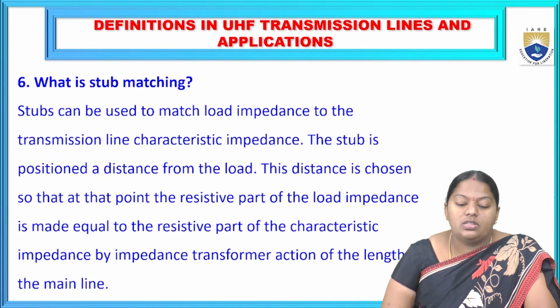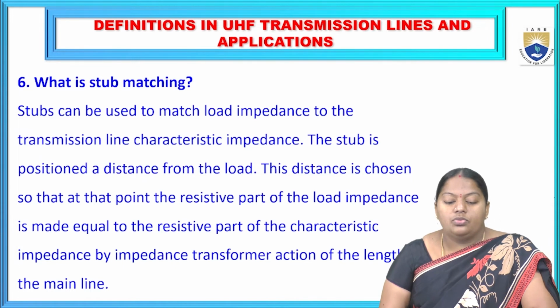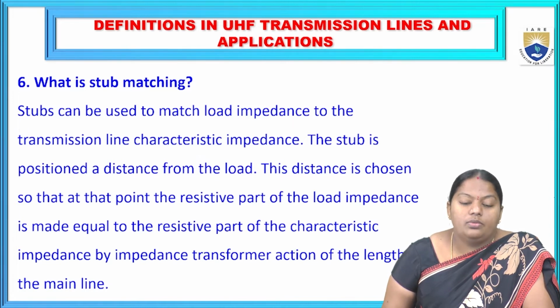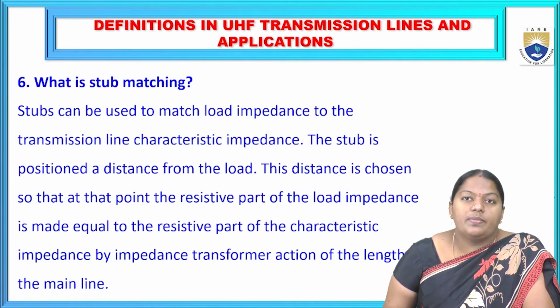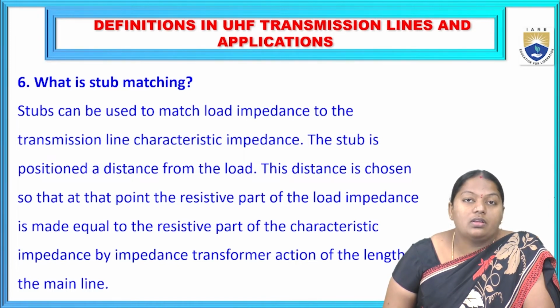Now, to know the process of impedance matching, there are two main important reasons for it. One is to avoid reflections in the load and source case, and the other is to deliver the maximum power transfer; for that we use impedance matching. So the stub matching technique is also one of the impedance matching techniques, and here stubs can be used to match load impedance to the transmission line characteristic impedance.